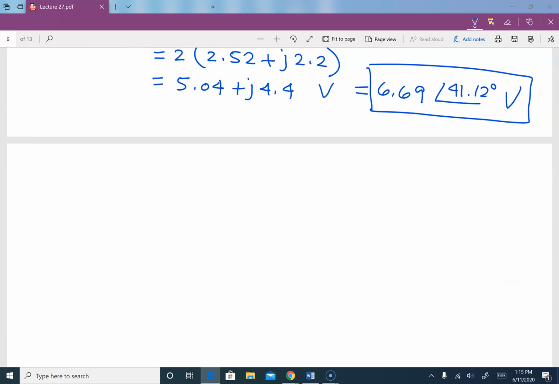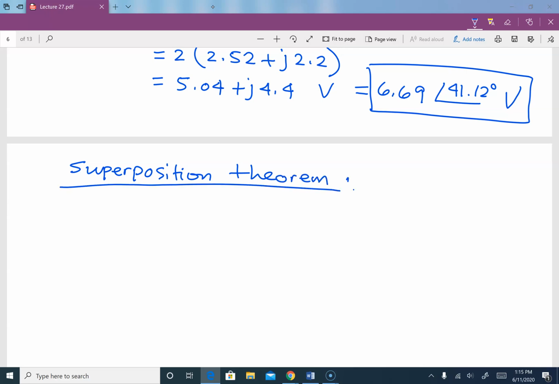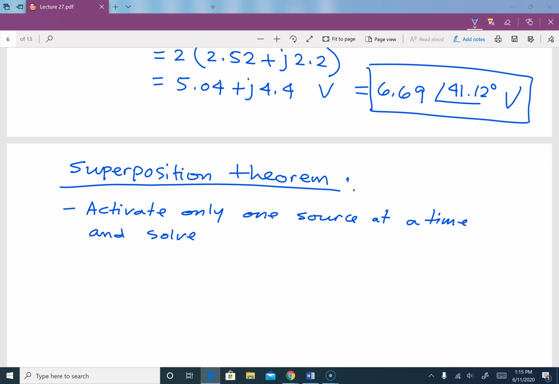The third thing is superposition. It is exactly the same as in DC. So we need to activate only one source at a time and solve for the required value.